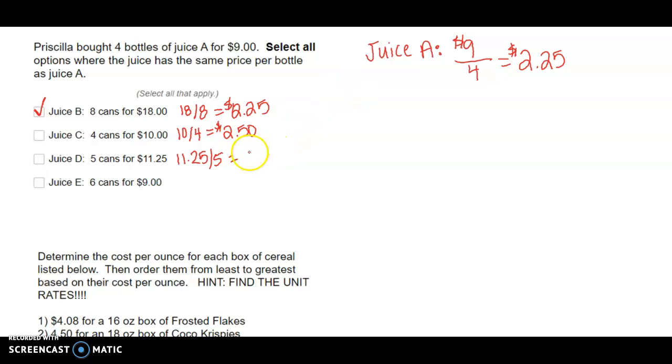And you get $2.25. So this is the same as juice A. So juice D has the same unit rate. And then juice E, $9 divided by 6 cans, which is $1.50. So that is not an option. So juice B and juice D have the same unit rate as juice A.